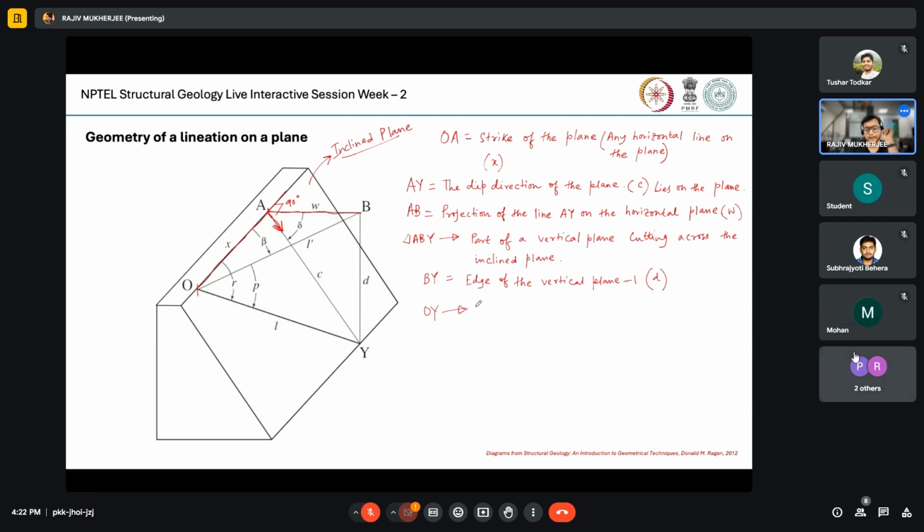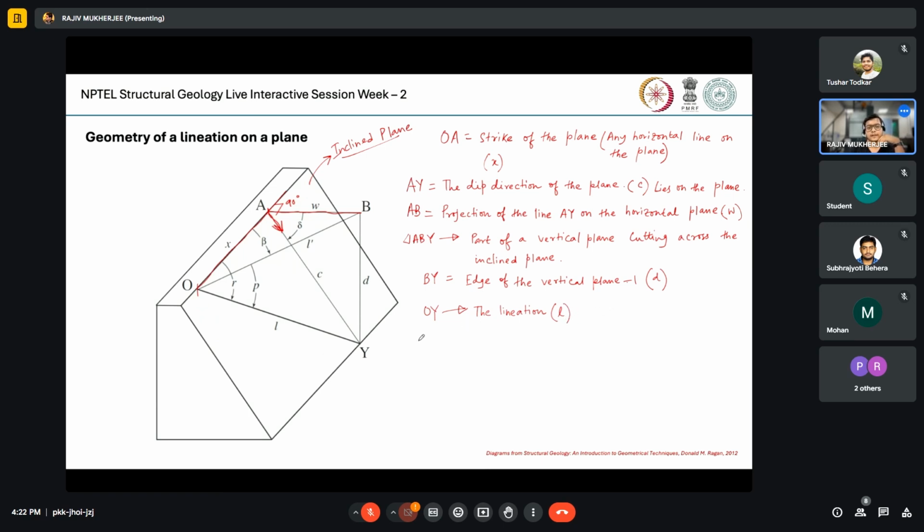It involves a trigonometric relation between the different attributes of a lineation and the plane that contains it, right? So OY in this case is the lineation, and we have also assigned a length, that is L.